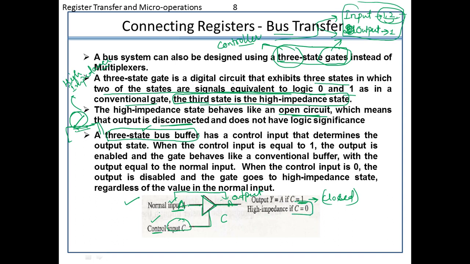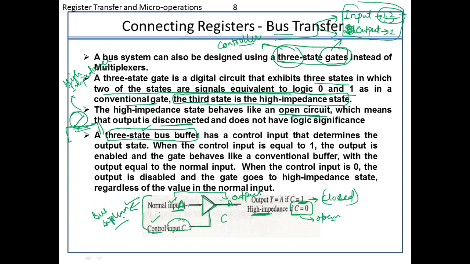Otherwise, if the value is 0, it will be in a high impedance state, or it could be an open kind of circuit. So this is the point. We will now learn how working with this three-state buffer can help me in the design of a bus system.